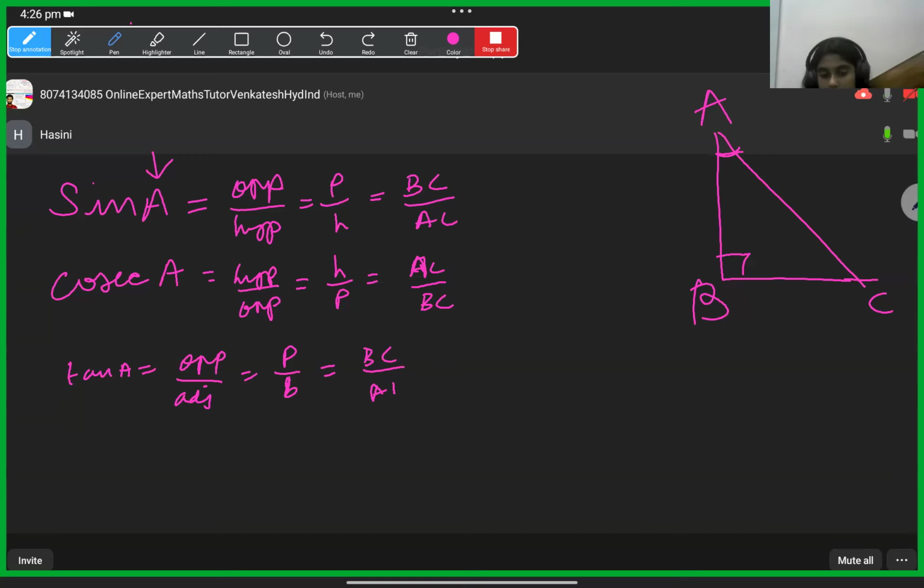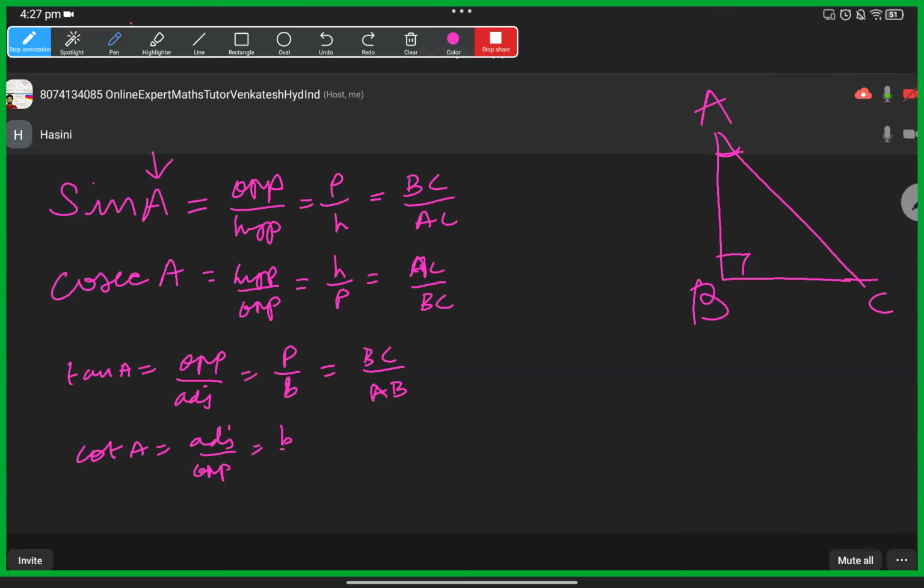Yes, that is correct. So cot will be AB by BC, adjacent by opposite, or base by perpendicular, AB by BC.